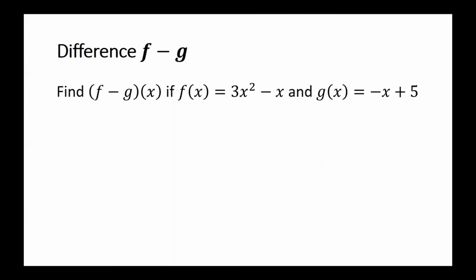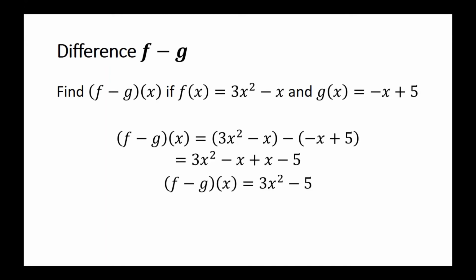Find f minus g of x if f of x is equal to 3x squared minus x, and g of x is equal to negative x plus 5. Again, we're just taking the difference, so f minus g of x is equal to 3x squared minus x minus, remember the parentheses, (negative x plus 5).